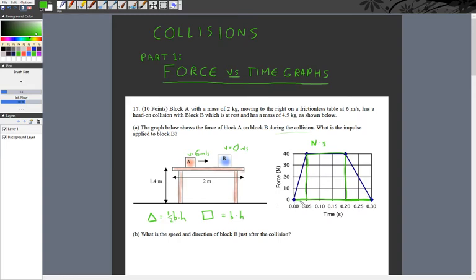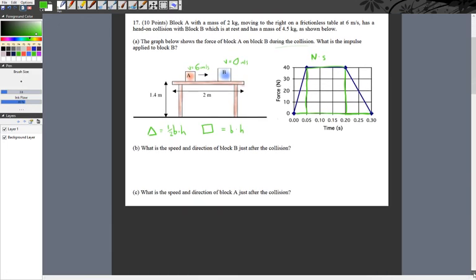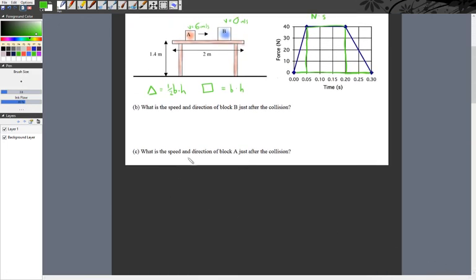Okay, between 0 and 0.05 seconds, we have a triangle. The base is going to be, and you know what? Let's scooch down to this. Okay, so the first bit here, the area is equal to 1/2 base times height.